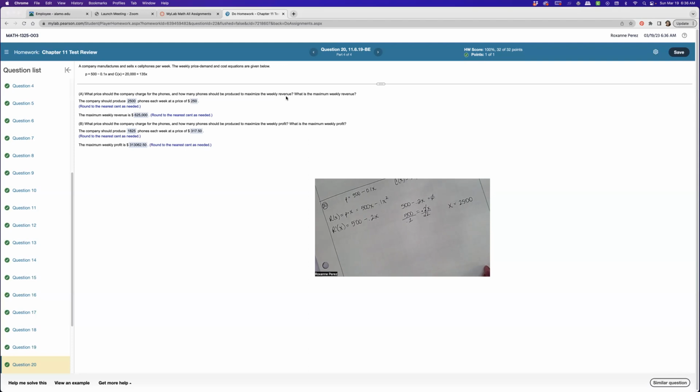And now evaluate your revenue function at 2,500. So R at 2,500 equals 500 times 2,500 minus 0.1 times 2,500 squared.